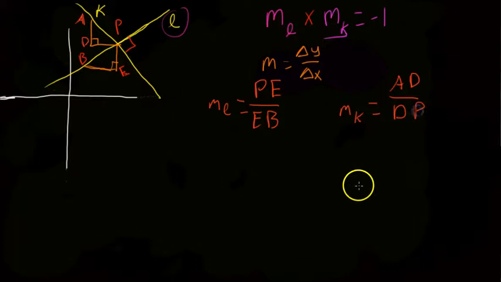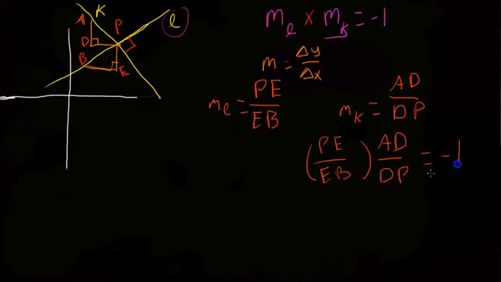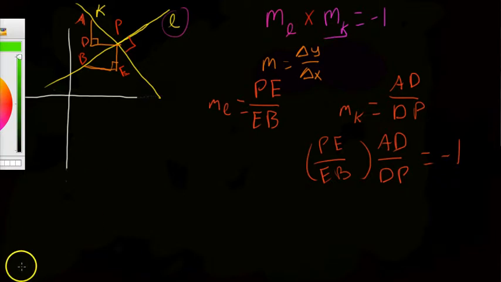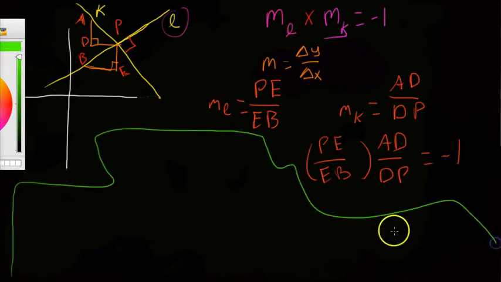So what we really want to prove is that PE over EB multiplied by AD over DP is equal to -1. That's what we want to prove, and I'm going to section off a space here for that proof because it gets a little messy.